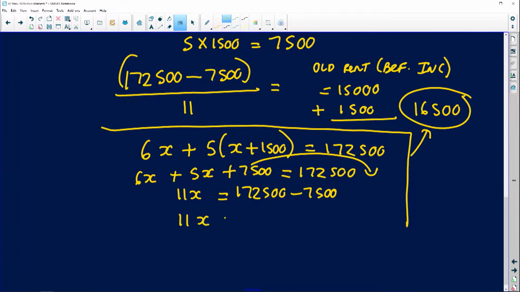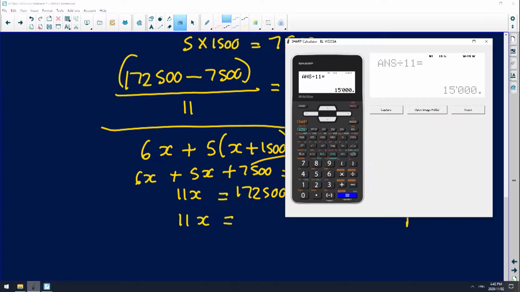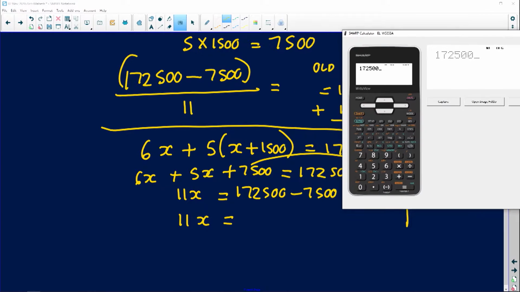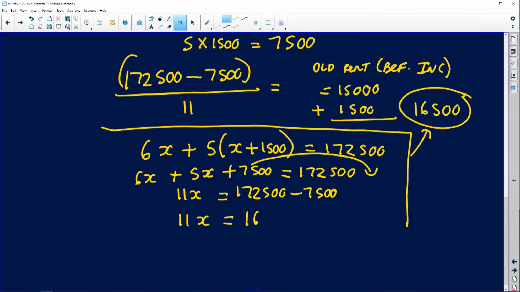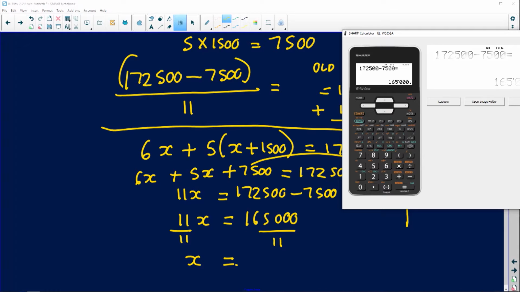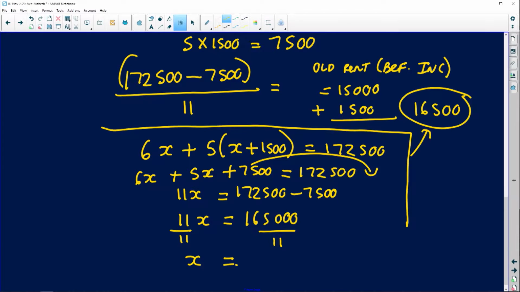Okay, so 11x is equal to, just get the calculator out, 172,500. Okay, and as you can see, we're basically doing the same thing, just trying to move this, guys. So minus 7,500, and that gives us 165,000. I want to know what x is. I'm going to divide by 11, and x is equal to, okay, so divide that by 11. And as you can see, we're getting the same amount, 15,000.